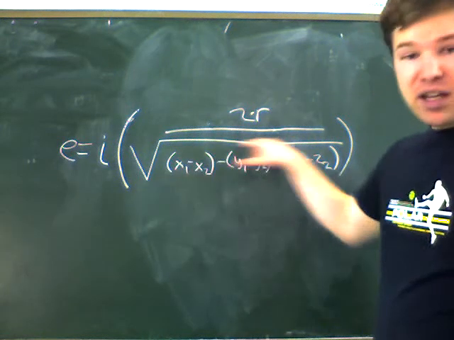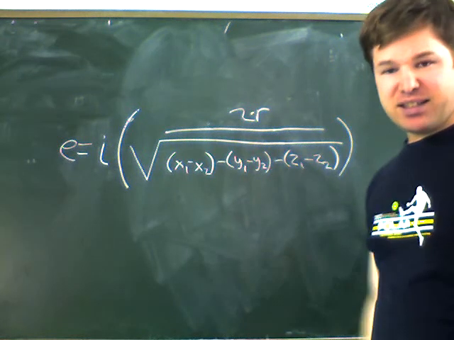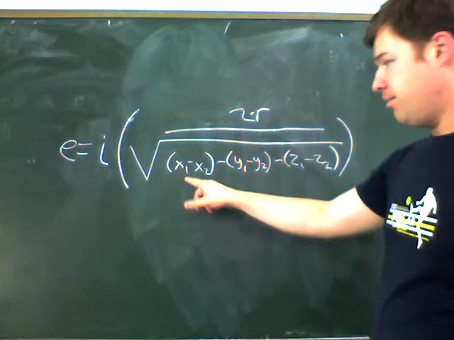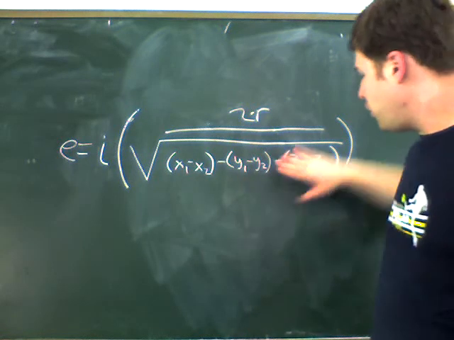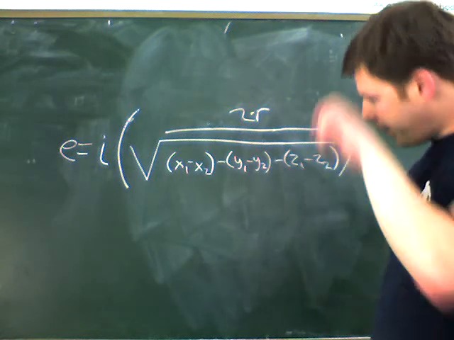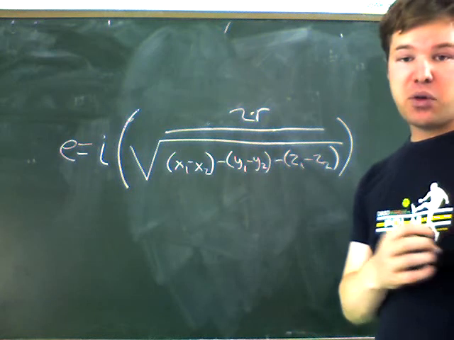If you don't recognize this little equation, this is just the distance formula between 2 points. Generally, if we're just talking about 2D, we don't even write this z1 minus z2. But this is just the distance between 2 points in 3D space.